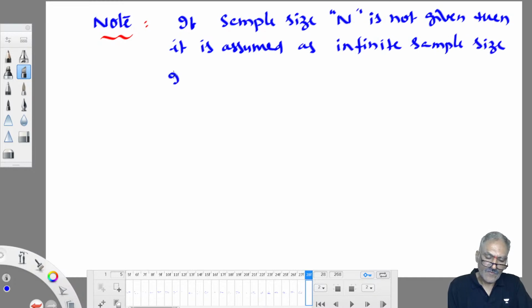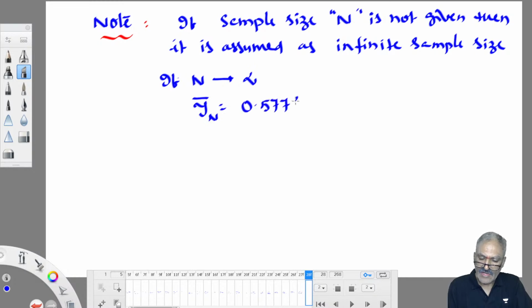So for infinite sample size, if n tends to infinity, then this YN bar is taken as 0.5778 and SN bar is taken as 1.2825.